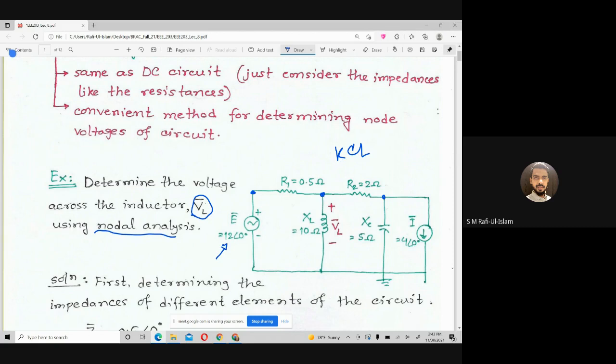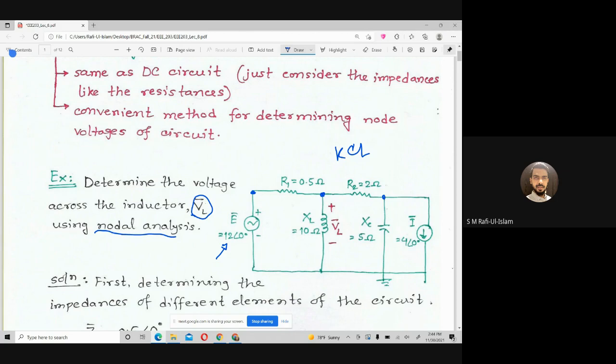The voltage source could be connected in two ways. If the voltage source is connected to ground, then I have no problem and can apply the normal KCL. However, if the voltage source is connected to nodes other than ground, then we must use another method called the supernode. Later on we'll discuss it.